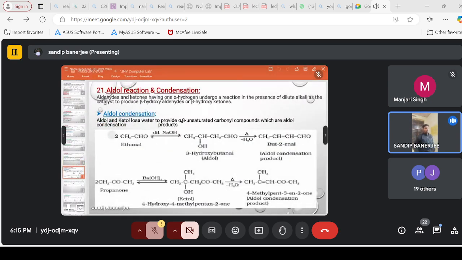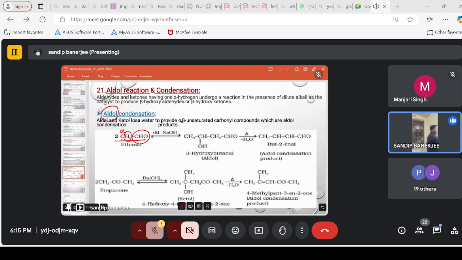The main reaction is the aldol reaction. This is very important for your exam. Why the name aldol? The starting material is one carbonyl compound containing alpha hydrogen. Some students are confused about what an alpha carbon is. The carbon adjacent to the carbonyl group is known as the alpha carbon, and if the alpha carbon contains hydrogen, that is called alpha hydrogen.